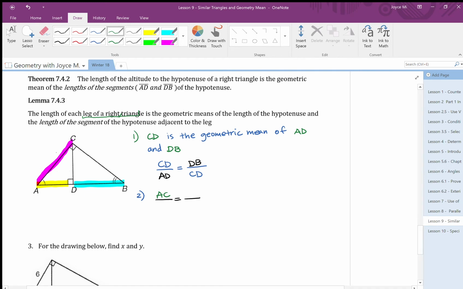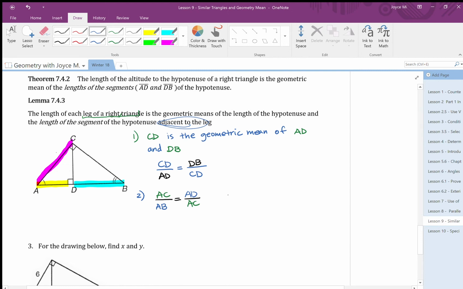The leg AC is a geometric mean of the length of the hypotenuse, which is AB, and the length of the segment of the hypotenuse adjacent to the leg. AD and DB are the segments, and the one adjacent to the leg AC is AD. So that is one I could write.